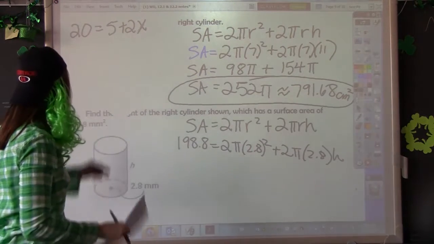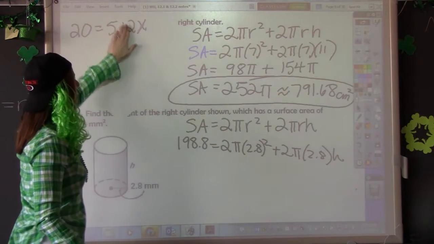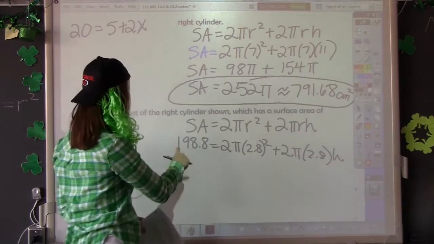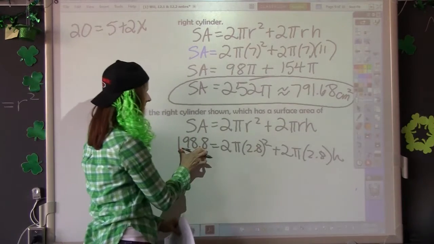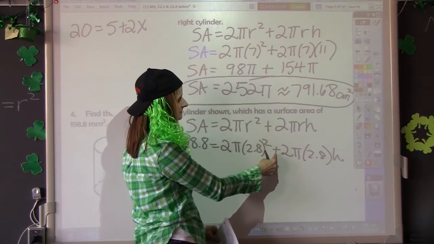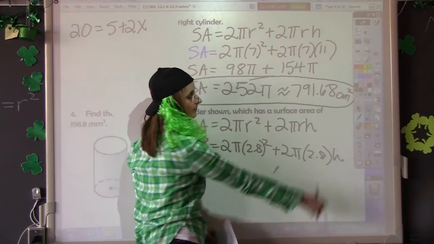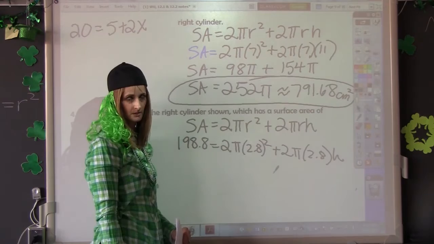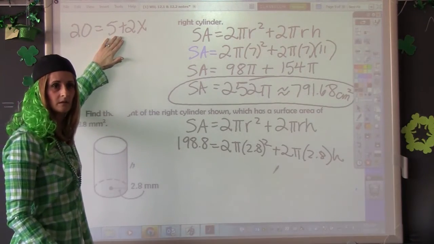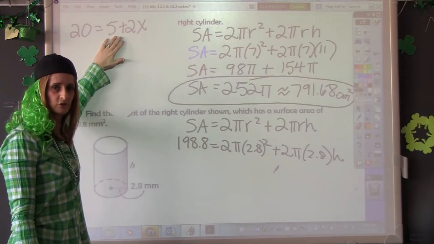Okay, so we have a number equals a number plus some number times a variable. Is everybody with me? Okay, how would you solve this from Algebra 1? What would you do first?